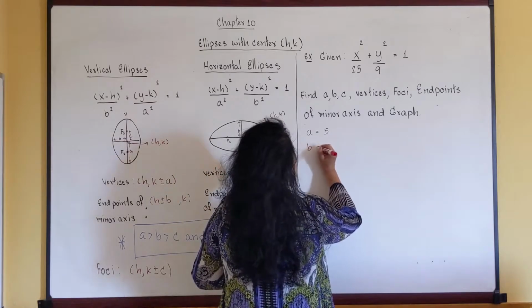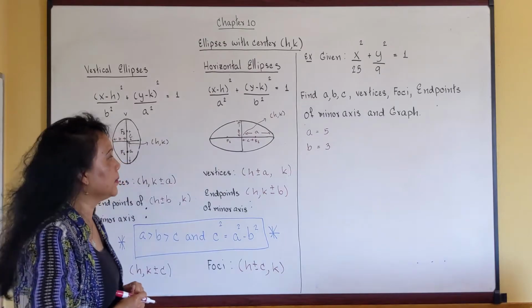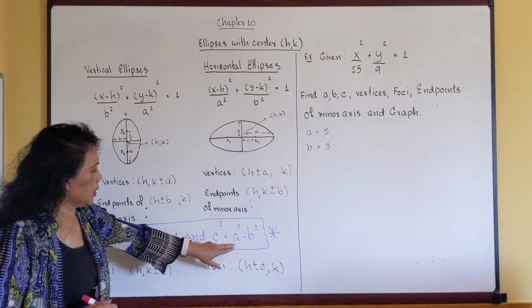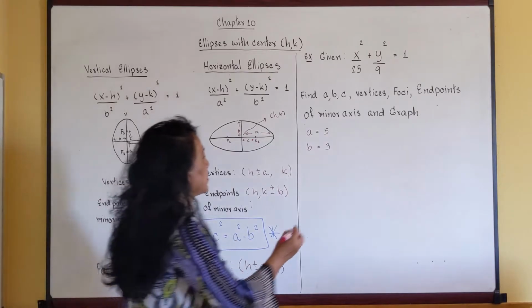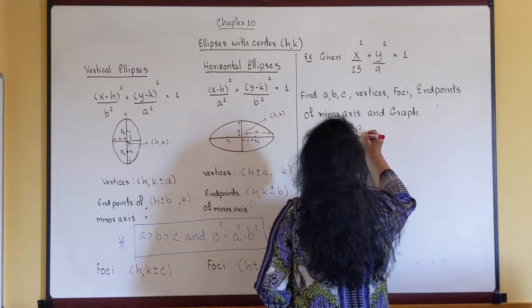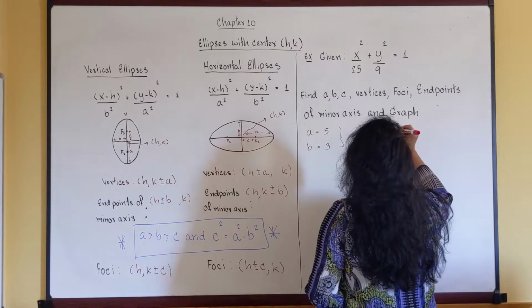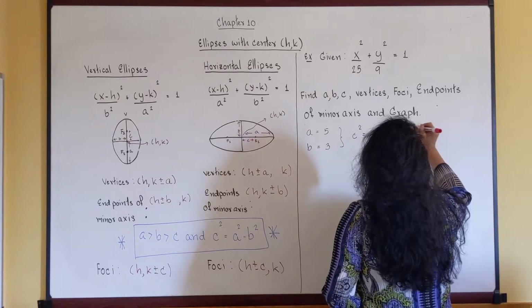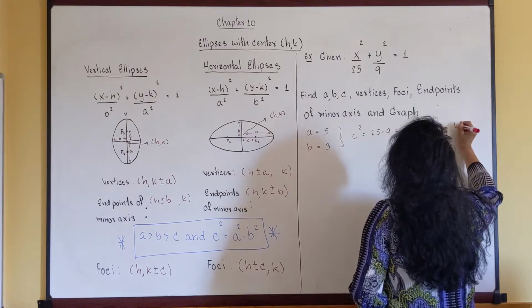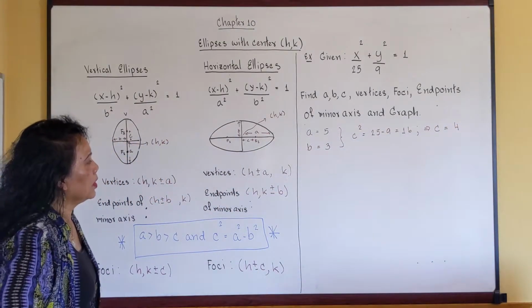B would be 3, because 3 squared is 9. C squared is A squared minus B squared, so C squared is 25 minus 9, which is 16. So C would be 4.